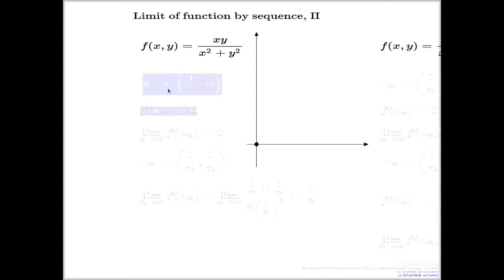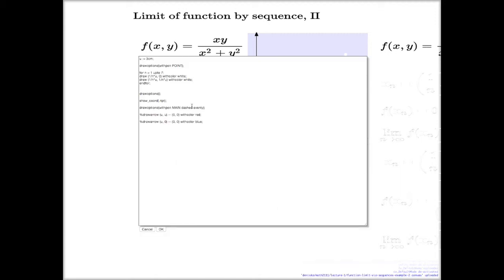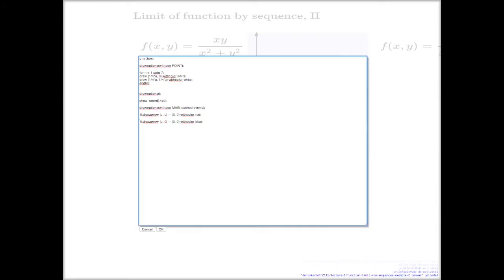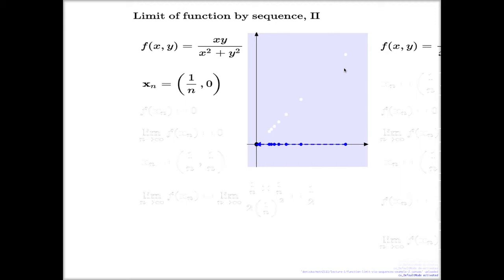So for this function, if I take this sequence of points which approach the origin on the x-axis from the right-hand side, and compute the function on this particular sequence, it will be 0. And therefore, the limit across this sequence will be 0.